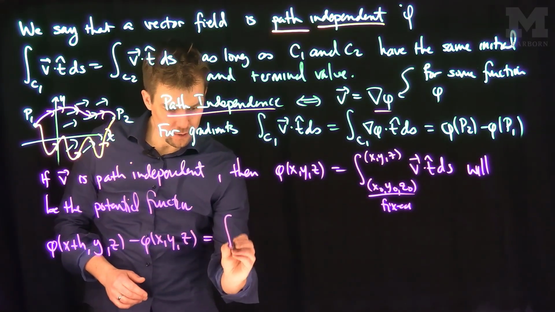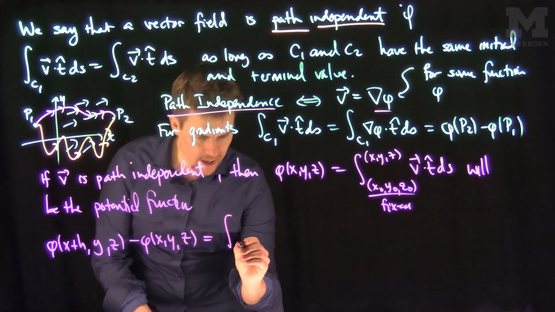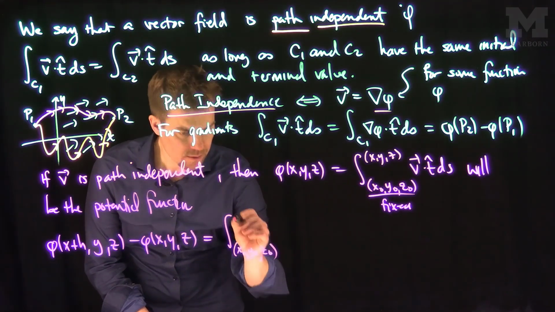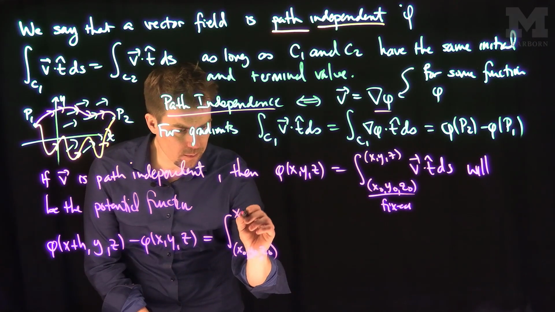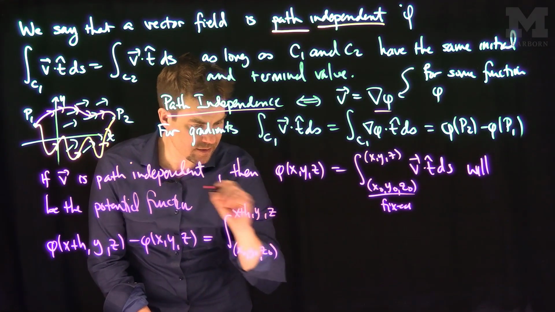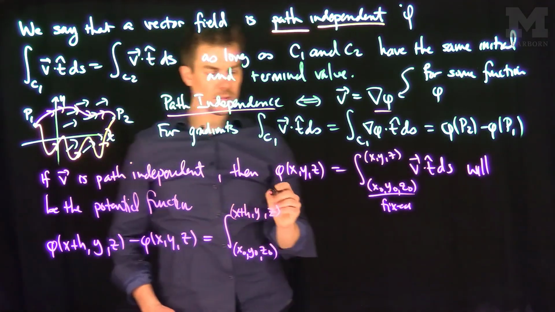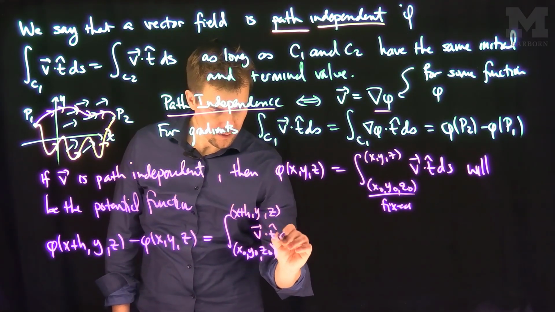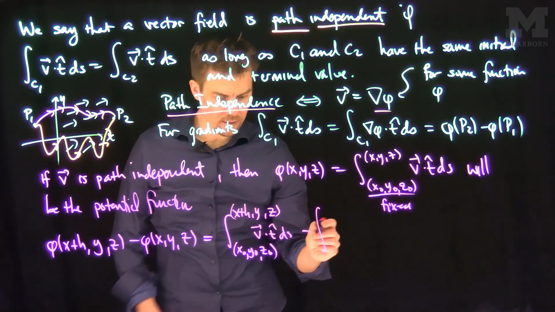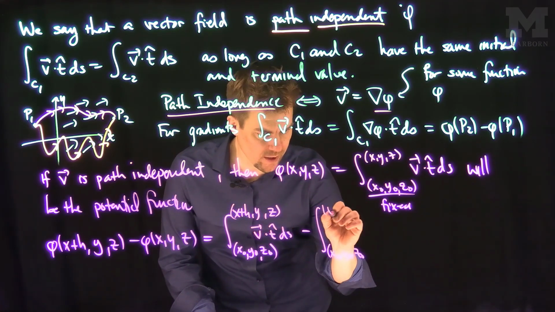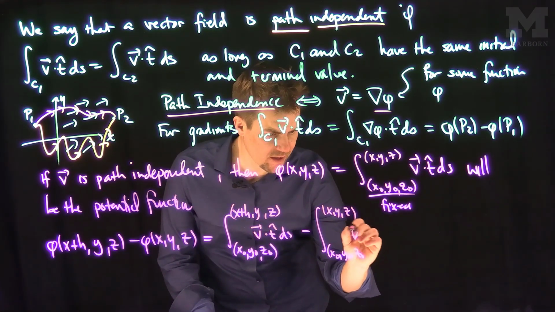This is going to be the integral from x0, y0, z0 to x plus h, y, z of v dot t hat ds, minus the integral from x0, y0, z0 to x, y, z of v dot t hat ds.